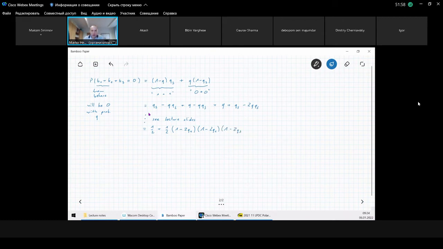So this actually really becomes a nice equation. Even though the derivation is a bit lengthy, if you think a while about it, you will see that you can actually bring it to this form.